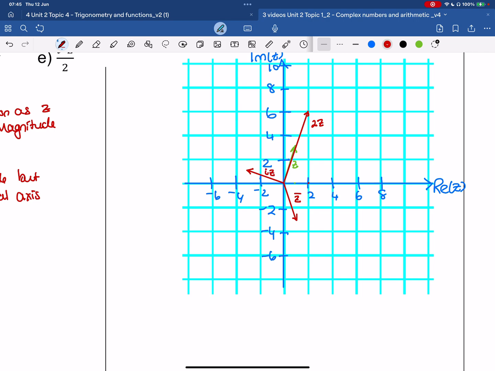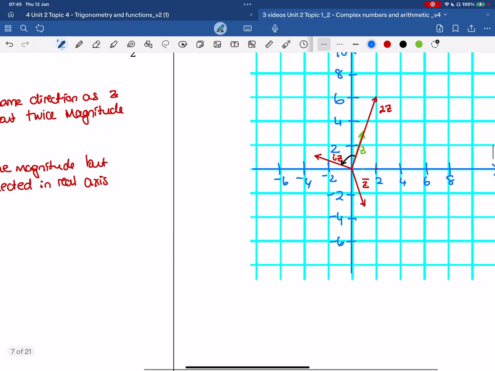Now notice that my original complex number z was over there, and what I have when I multiply it by i is a rotation of 90 degrees anti-clockwise from z.